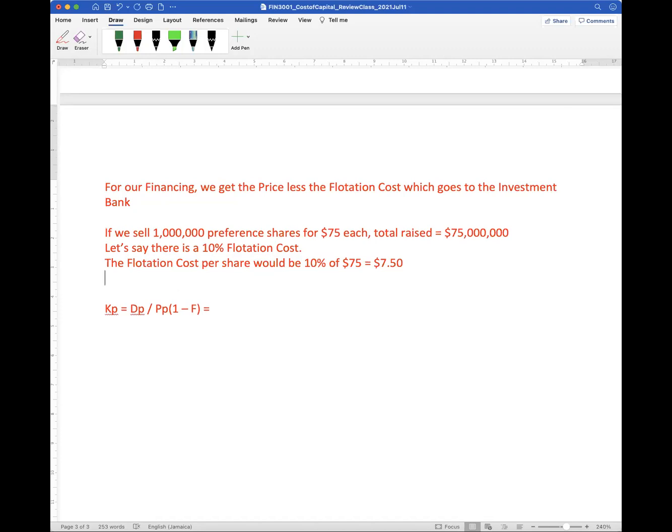That should be clear enough. Everybody seeing that, right? If there's a 10% flotation cost, the flotation cost per share would be 10% of that 75. So for each share that you sell, $7.50 is going to go to the investment banker.